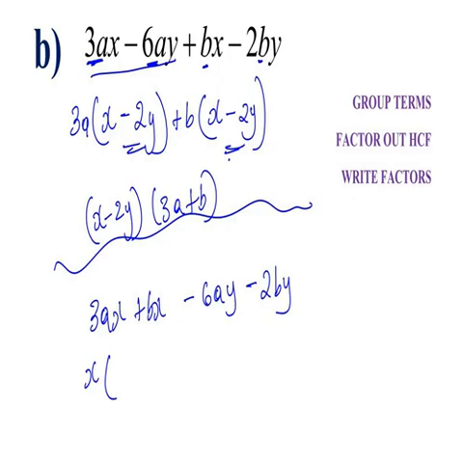3 into 3ax, we're left with 3a, and x into bx, we're left with b. Now we have negative 6ay minus 2by. So in this example, we can factor out negative 2y, because negative 2 can go into negative 6, y can go into y, same thing here.